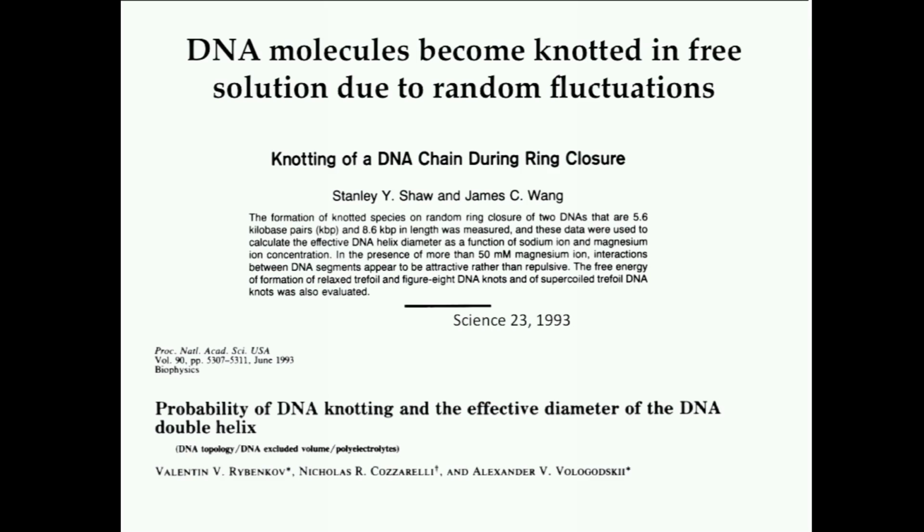So if we put more counter ions, more positive ions, then you can consider that this molecule is effectively thinner, and if you put less, then it'll be thicker. And how thin or how thick it is will determine the knotting probability of that molecule. That was what was used in these particular studies.